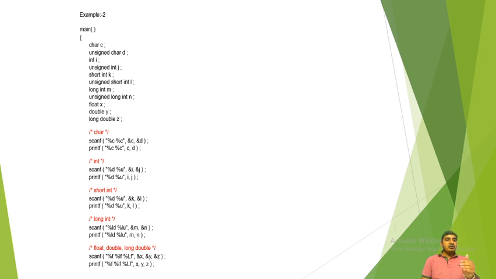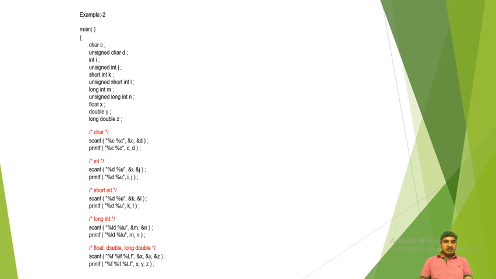Now integer, we have to represent the format of the integer data type. Scanf, it is an input function, percentage d, percentage u, arguments are &i and &j. What does it indicate? I is an integer and j is an unsigned integer.